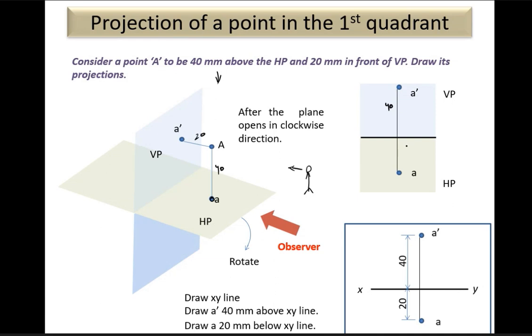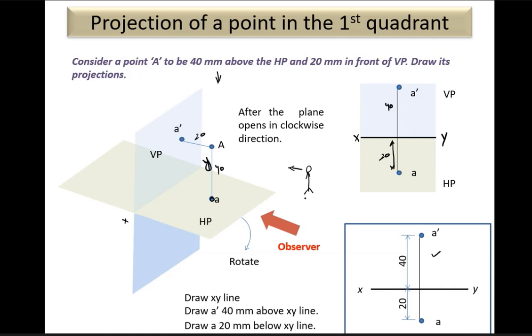We call this junction the XY line. As you see, it is shown as the XY line. And this is 20 mm. So your projection will look like this.